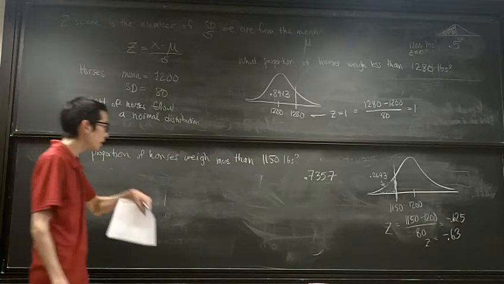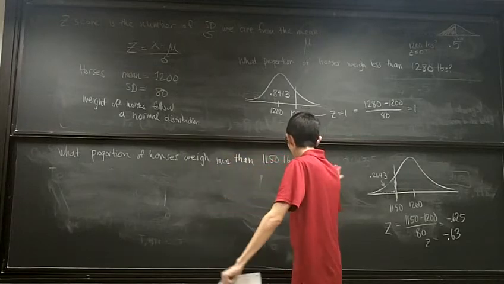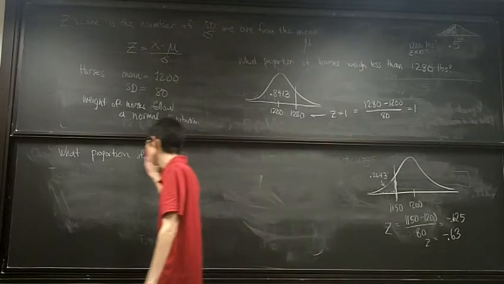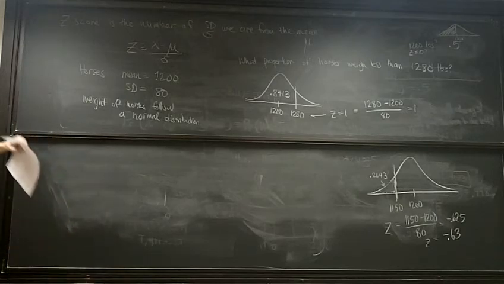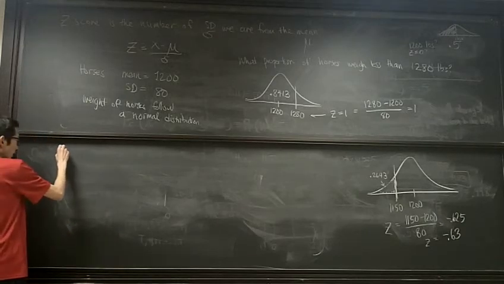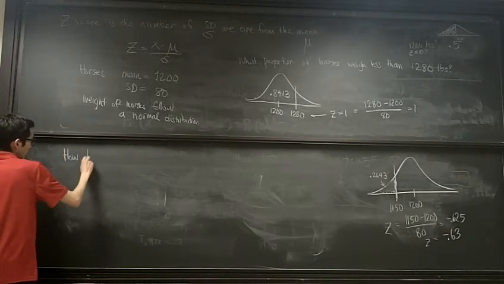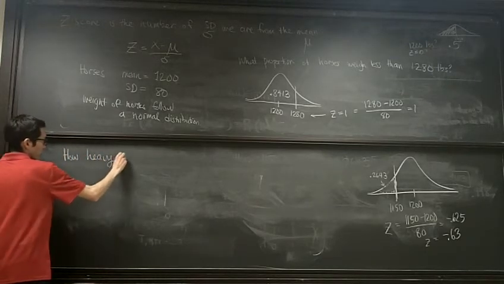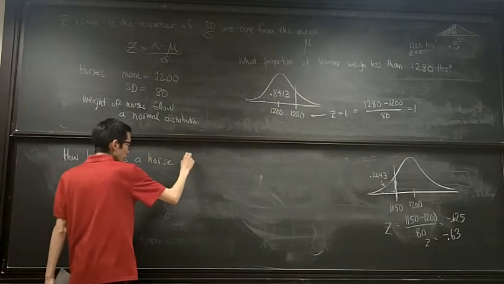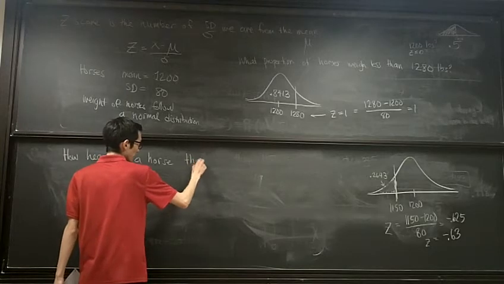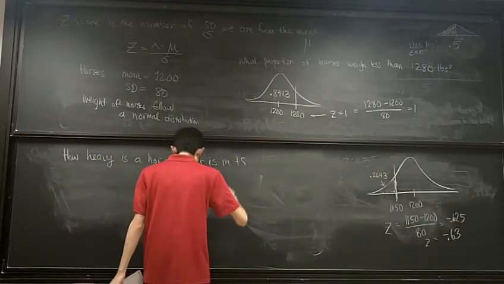Raise your hand. This time, still assume horses have a mean of 1200 and a standard deviation of 80. How heavy is a horse that is in the 80th percentile?